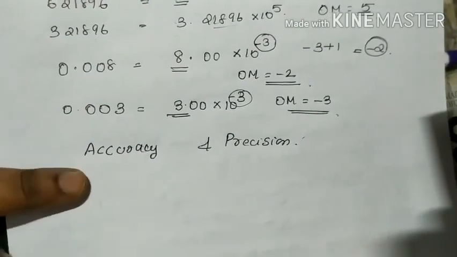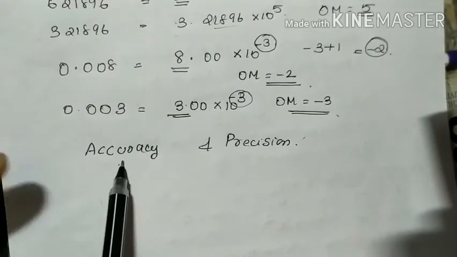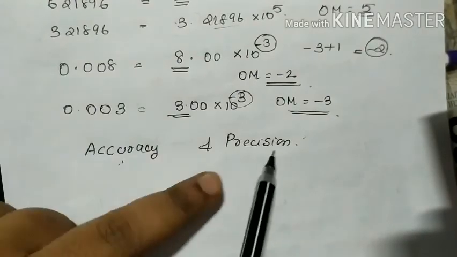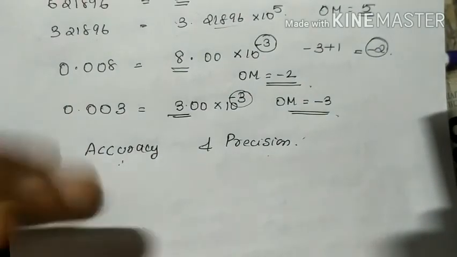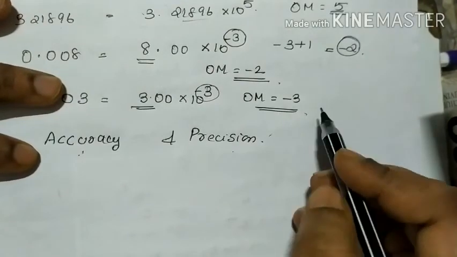Now first we will tell the definition. Accuracy is how close a measured value is to the actual value, right? Whereas precision is how close the measured values are to each other. I hope you didn't understand anything. Now first you have to understand what the actual value and measured value are.